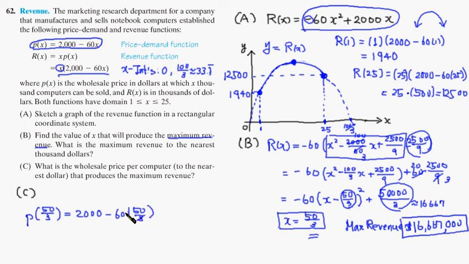So 3 cancels out into 60 to give 20. So 2,000 minus 20 times 50, which is 1,000. So the price is going to be $1,000 per computer.